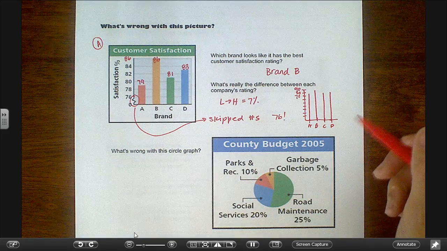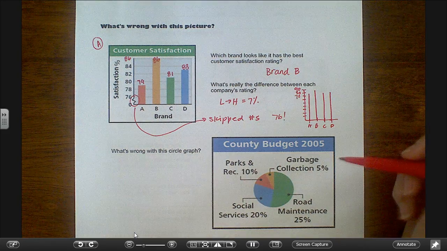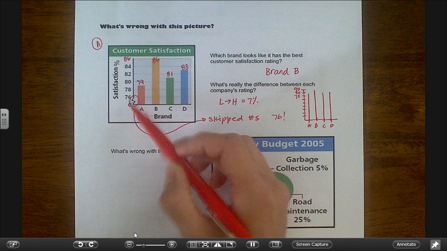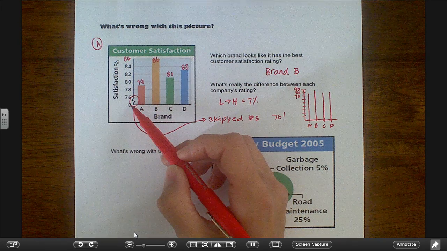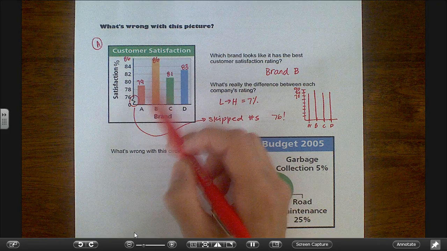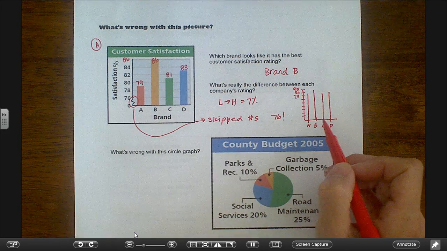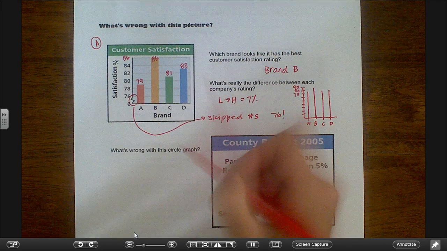And so now they look essentially the same. So taking away 75 or 76 data points here makes it look like there's a huge difference between these, but there's really not.